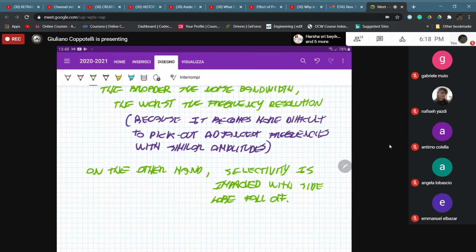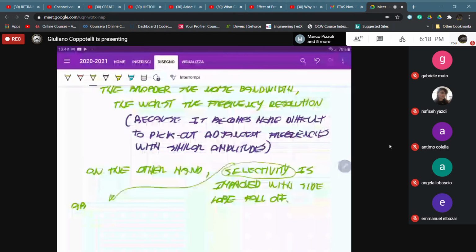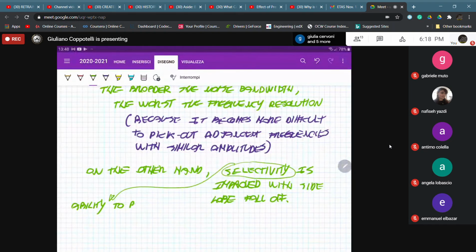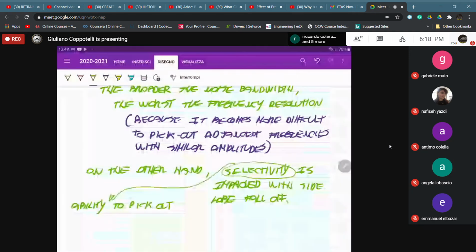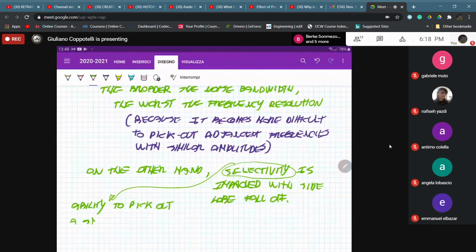By the way, selectivity to me means the ability to pick out a small component next to a large one.